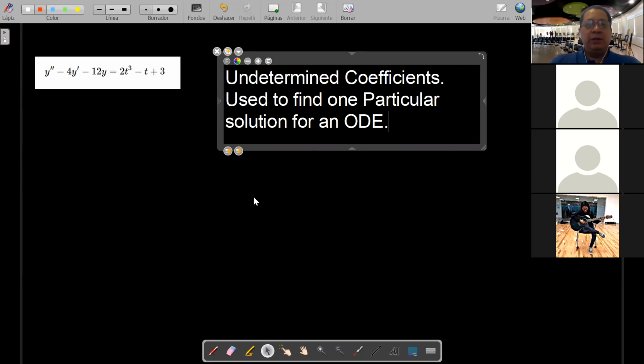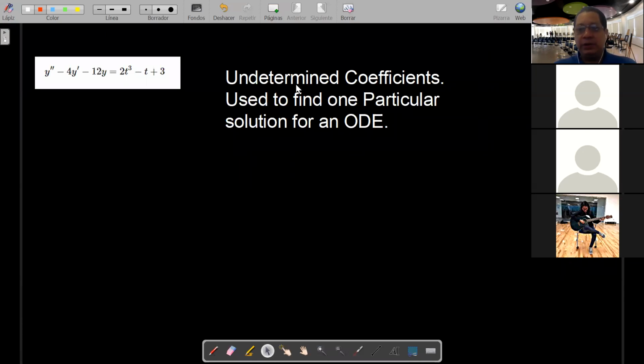And as you can remember, what is the method? Well, if it can be called a method, you just guess the solution from the observation or the analysis of the forcing function, the right side of the equation. So yesterday we saw that if we have an exponential on the right side, our guess has to be an exponential for that particular solution.